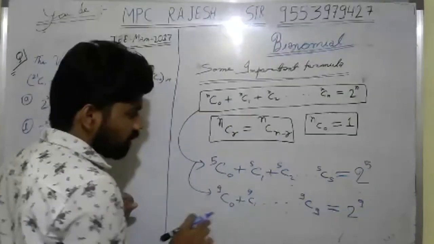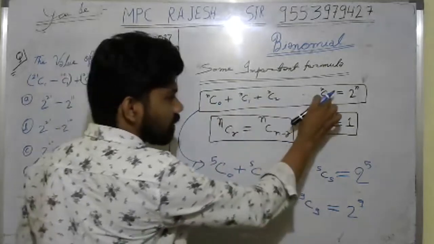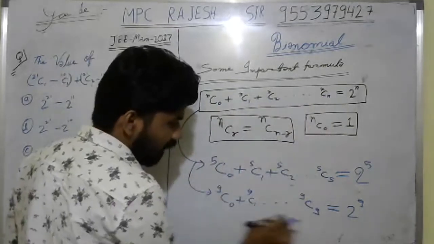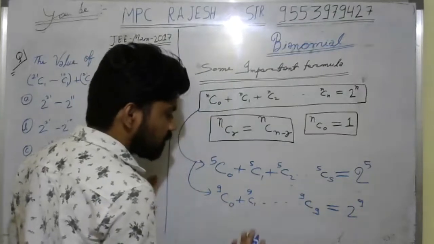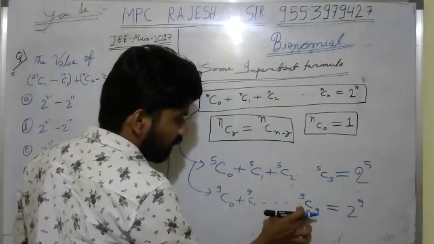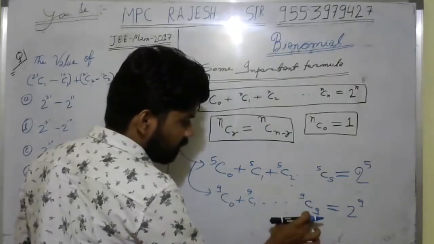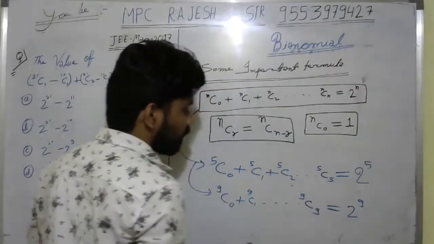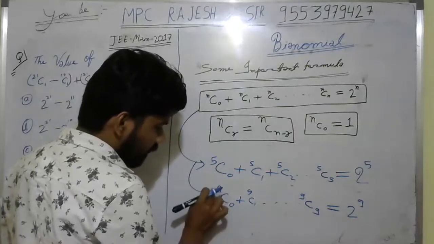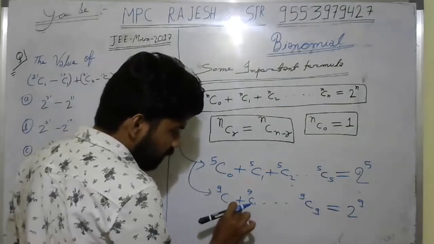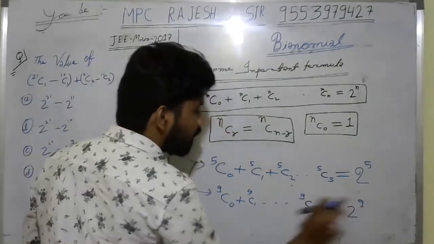The condition is that the terms must run from 0 up to n, where n is the upper number. If it is 8 on the lower side instead of 9, like C(9,8), then this formula is not valid. This formula is valid only when the lower number runs from 0 to n.